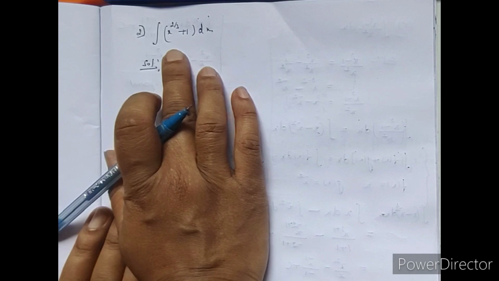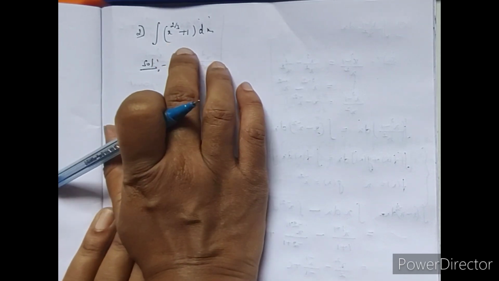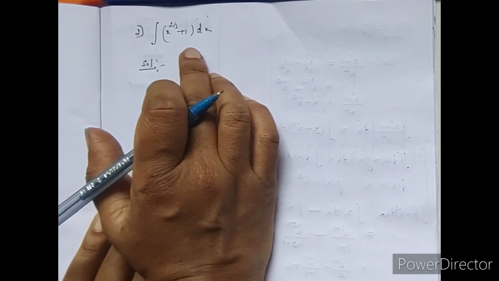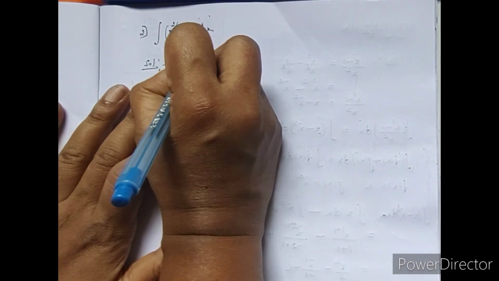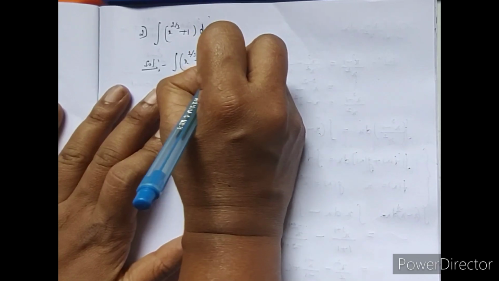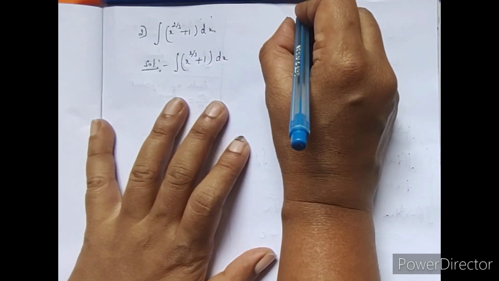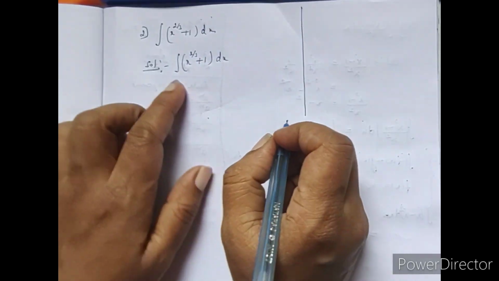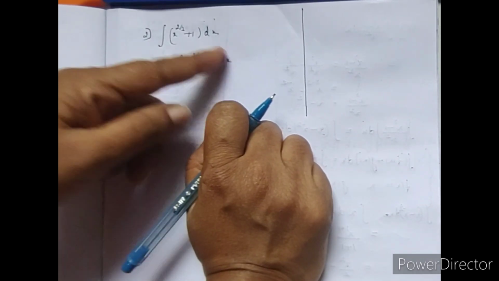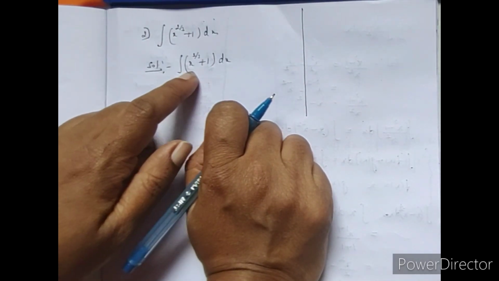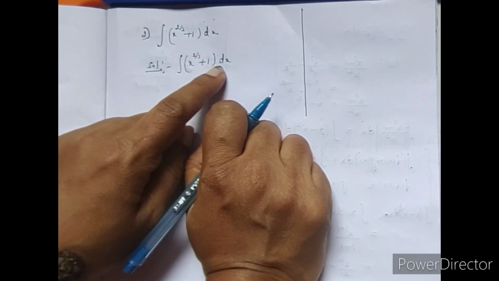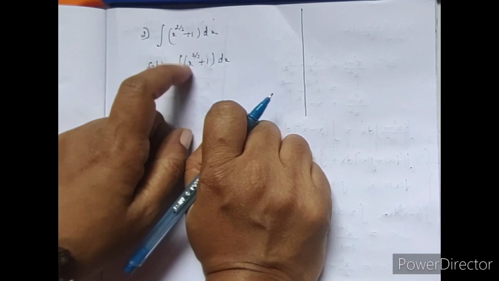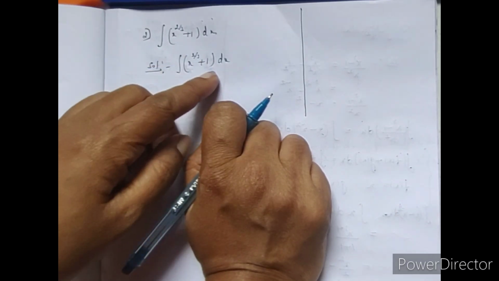Now solving the second problem, that is the integral of x to the power of 2 by 3 plus 1 dx. Here, there is no need of simplification of each term, because the first term is a power of x, x to the power of 2 by 3, plus 1, a constant. So the first term can be integrated by using the standard formula, as well as the second term.